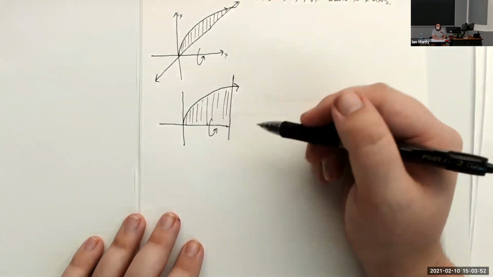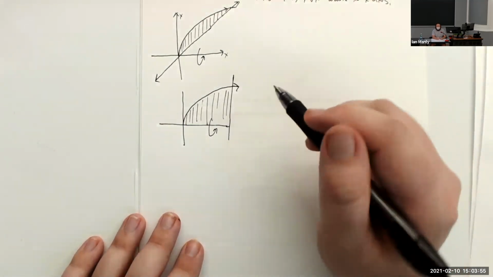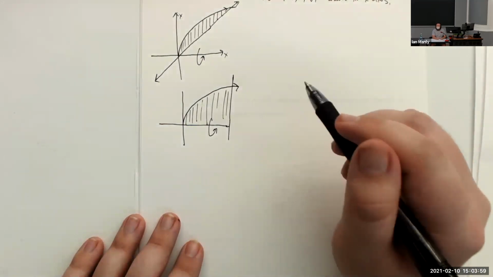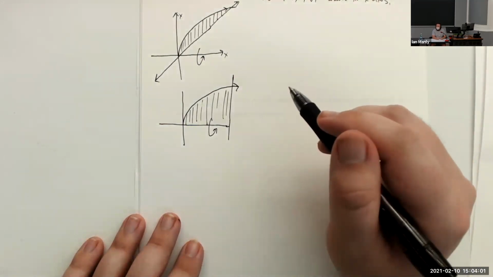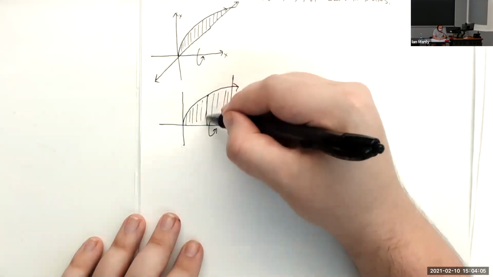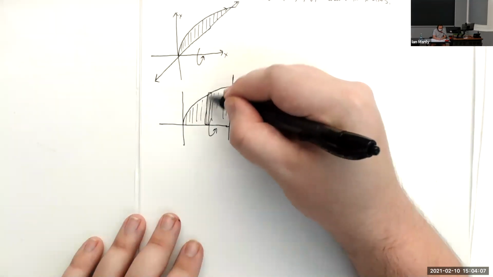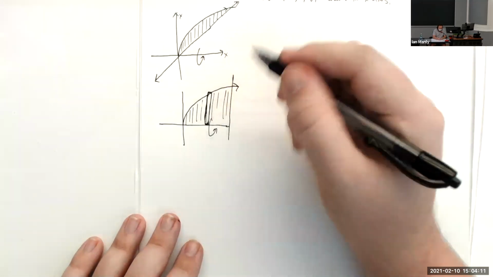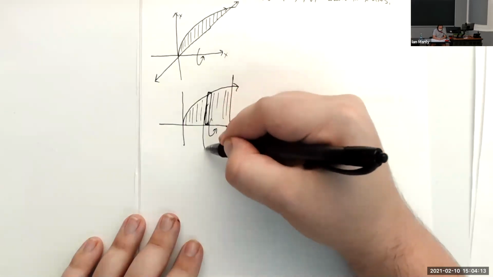Well, we're going to apply the same philosophy that we had last time. We're going to break this up into chunks, figure out how much volume each chunk takes up, and then add all of them together. So let's say we have a very thin rectangle right here, and we're spinning this around.